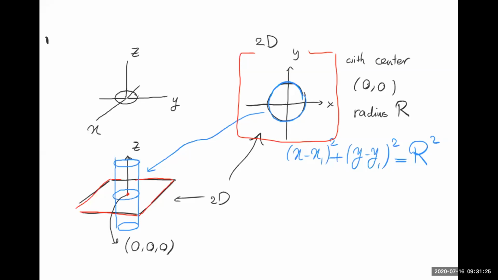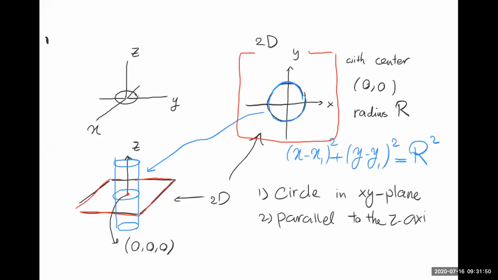So there are two important things about this cylinder. One, it contains the circle in the xy plane, and two, it is parallel to the z-axis. The first thing is this circle, so maybe I draw it again.